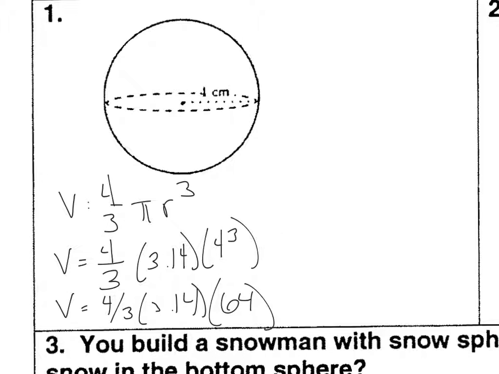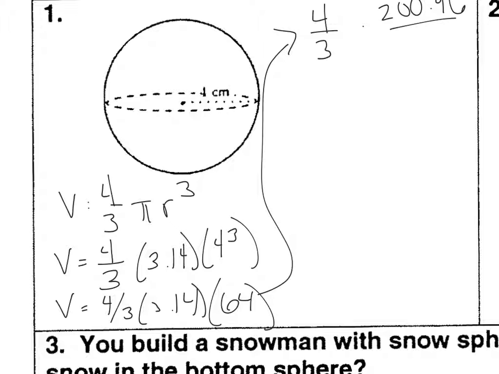Now, I'm going to move up here and continue my equation. 4 over 3, and then I'm going to take 3.14 times 64. That's pi times 4 cubed. That's going to give me 200.96 over 1. So now I'm just multiplying fractions.